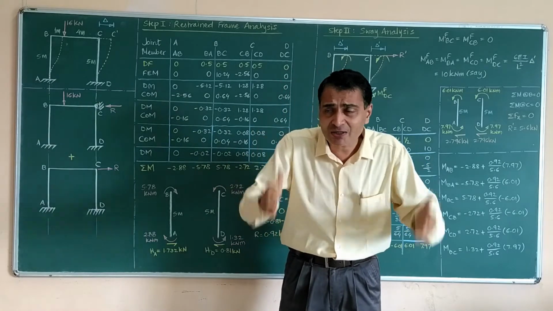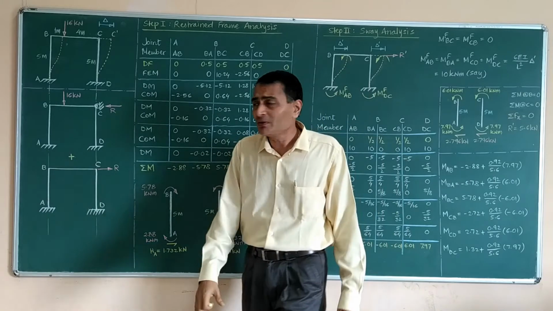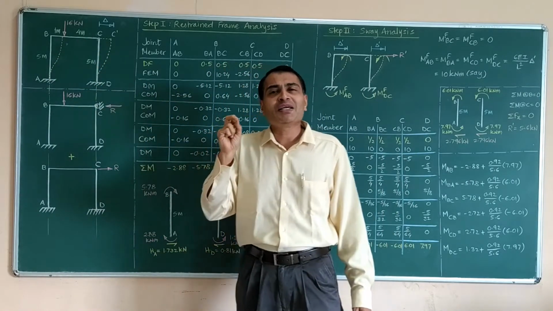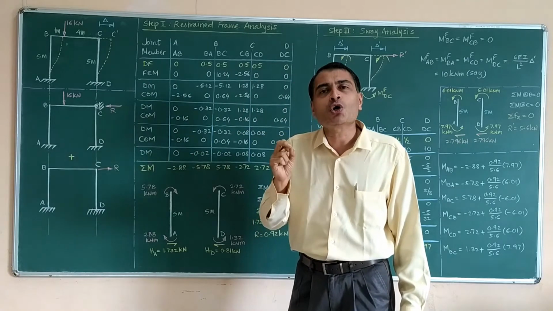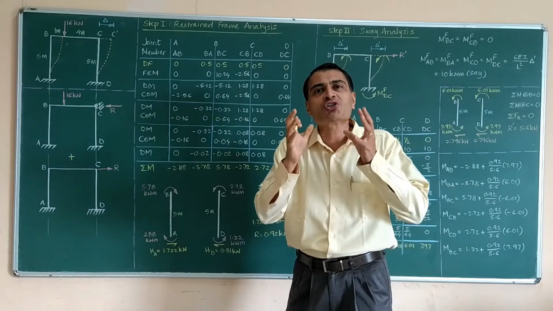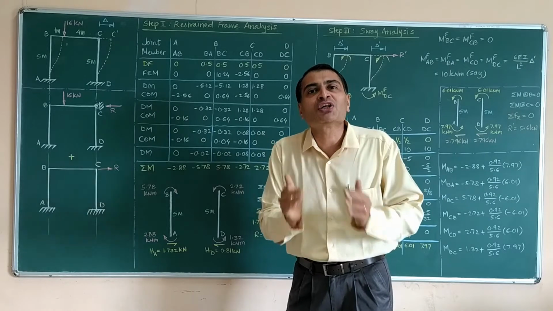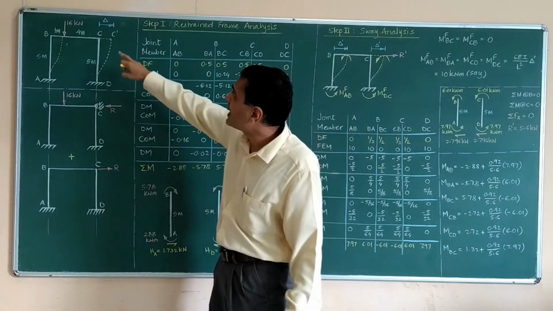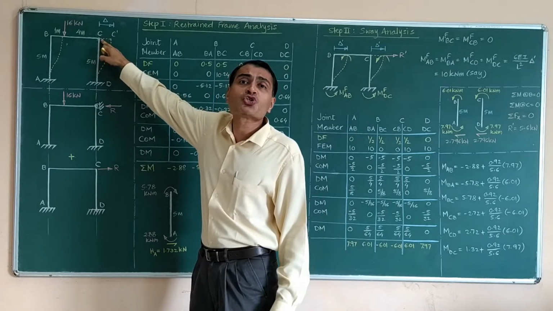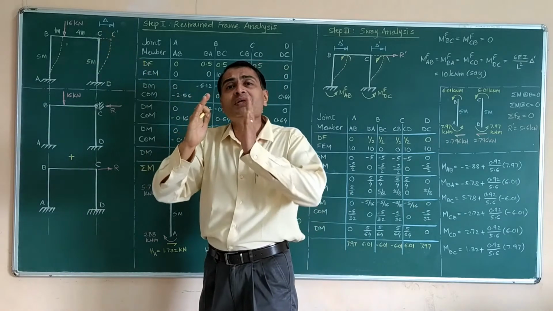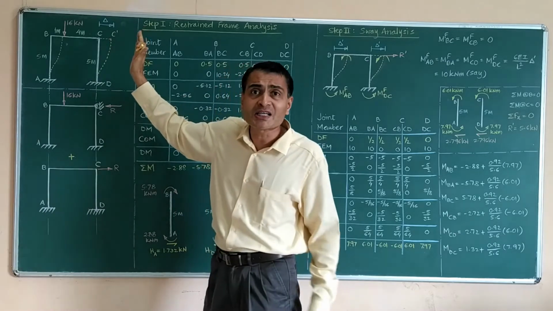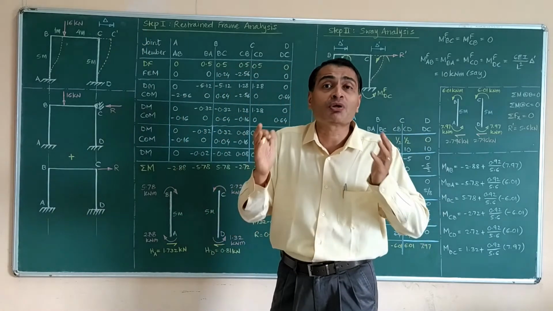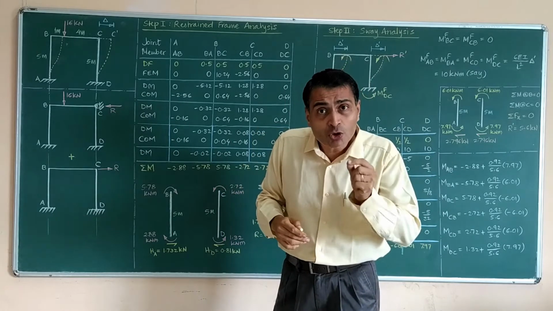Okay, so let's start. What do I imagine? This is my sway frame. I will imagine it to be a combination of a non-sway frame and another sway frame. What do I mean by that? Just observe, at C there is no support, and we are assuming that rightwards delta is going to be the sway in our frame. What am I doing?